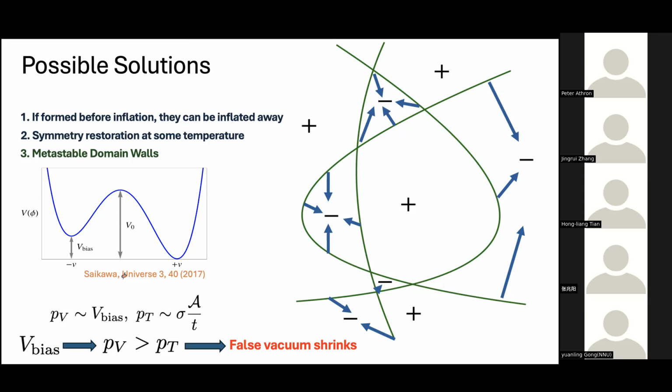Because of this bias, the domain wall now has a pressure force, or volume force. Apart from the pressure force, the domain wall also has a tension force because of its surface tension. Once the pressure force becomes larger than the tension force, the false vacuum starts to shrink, as we can see again on the plot on the right.